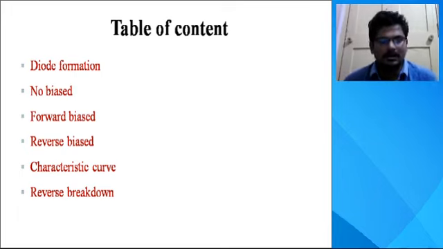In this table of contents, we are going to discuss how to operate the diode in various biasing conditions. Based on those biasing conditions, what are the results and what are the characteristics that we are getting. Characteristics means voltage versus current characteristics of the diode.